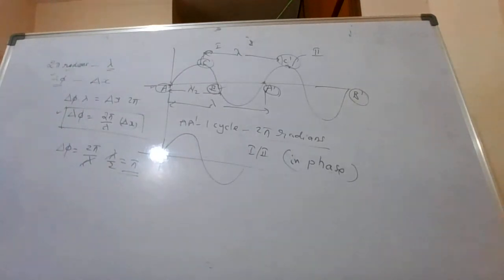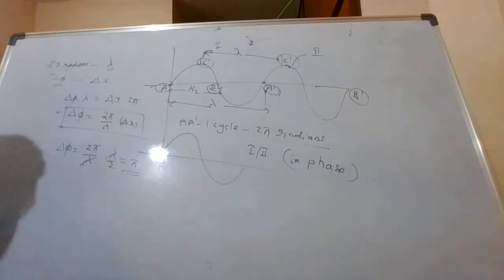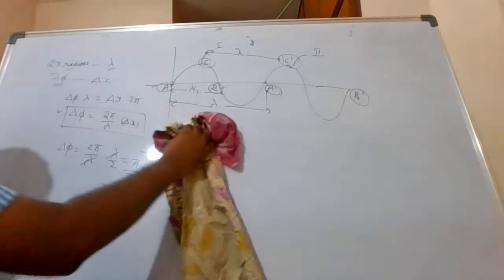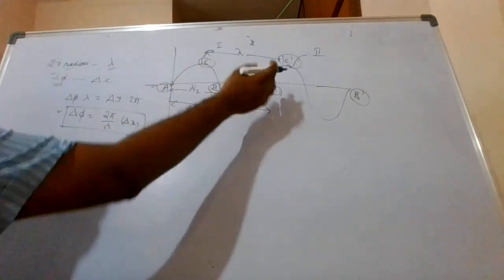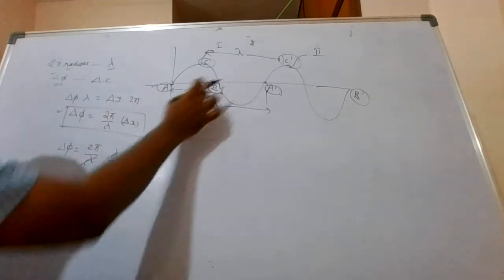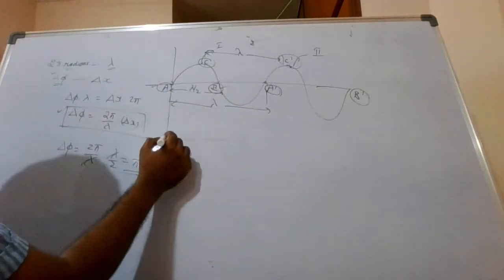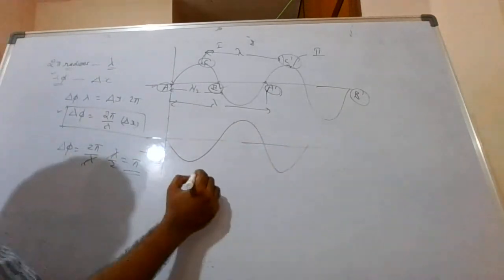If you try to plot this, let us see what happens. Look here. The first wave is as it is. Now, because I am plotting separately, I have to take this as the starting point. So if I take the starting point, it is like this, isn't it? This is my wave 2.